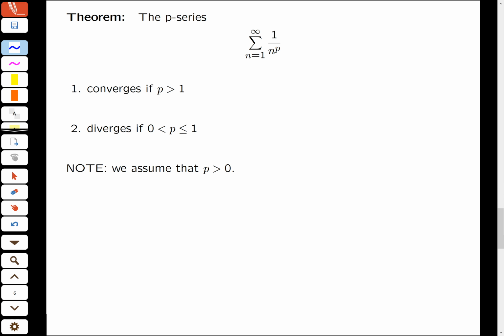That is the next theorem you need to put on your cheat sheet. Copy that theorem down.